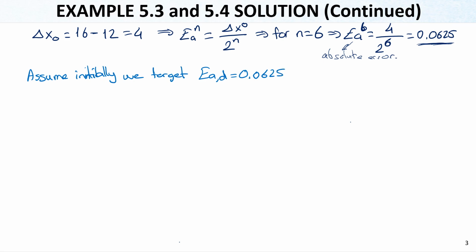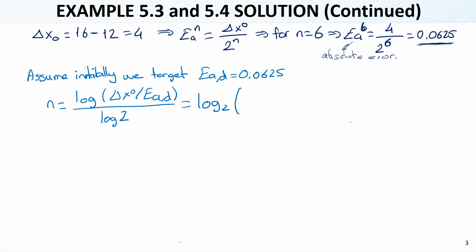Then we can simply use this formulation: n equals logarithm of delta x0 divided by EAD, divided by logarithm 2. Sorry, not like this, but the 2 is just logarithm base 2, so n equals log base 2 of delta x0 over EAD. Here delta x0 is 4 divided by EAD, which is 0.0625.